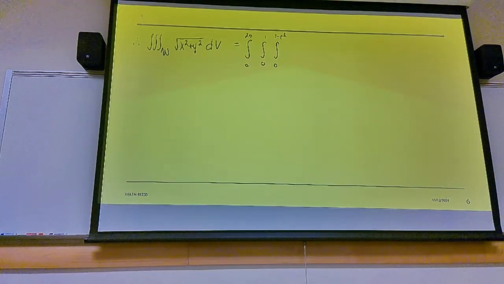You skipped a step. I just want the integrand. r. Now write out dV. Stick with that intermediate step until we get the hang of it. Otherwise, you might tend to forget that extra r there.